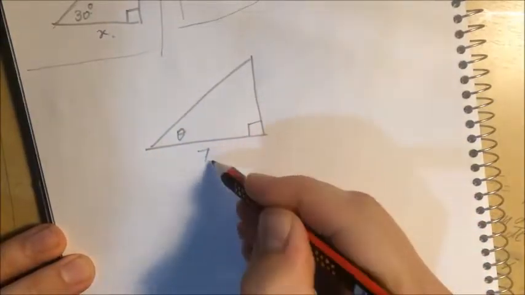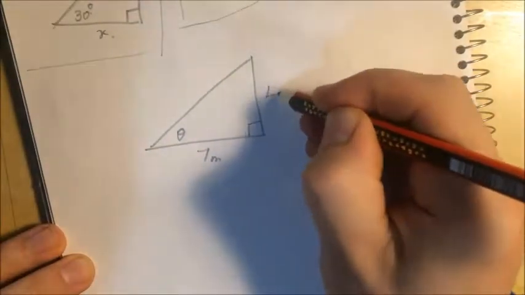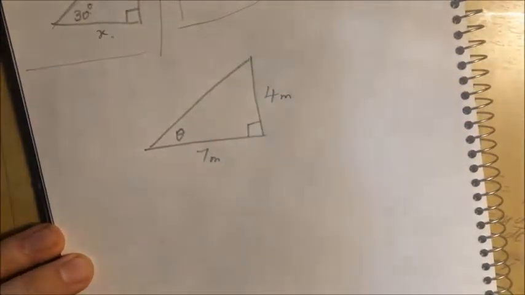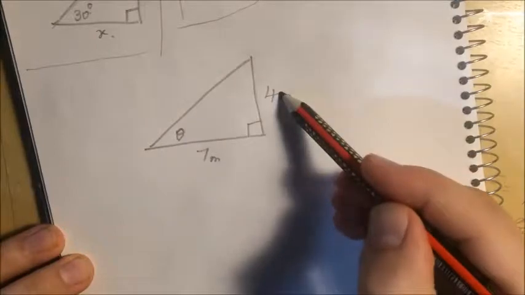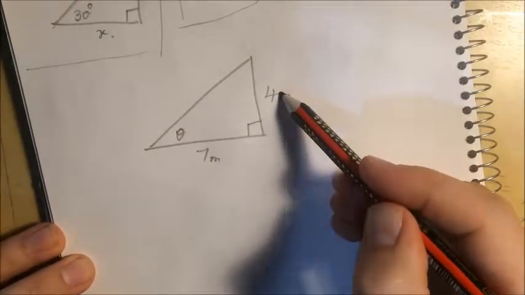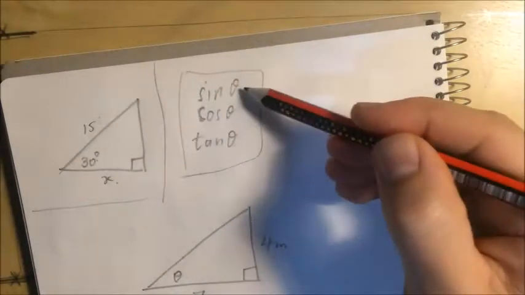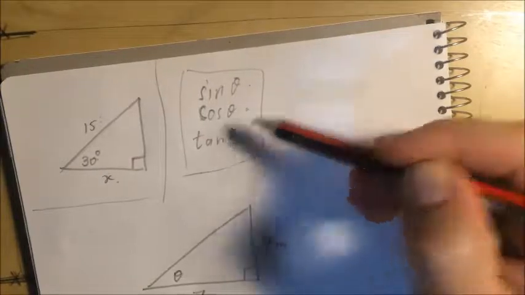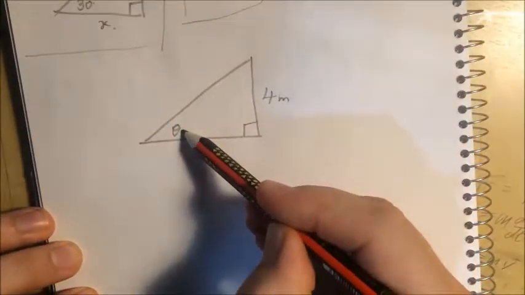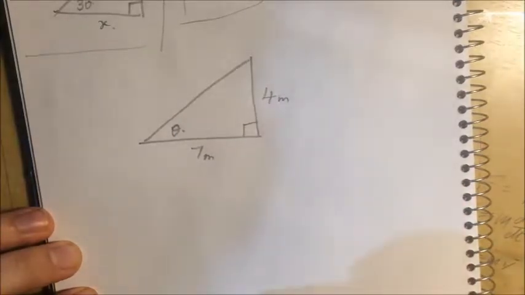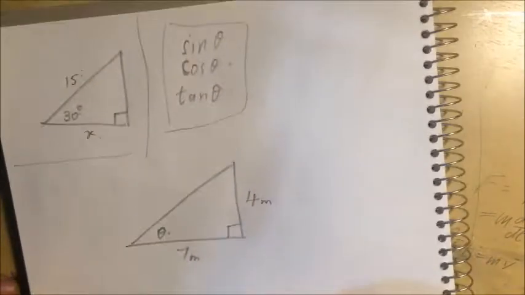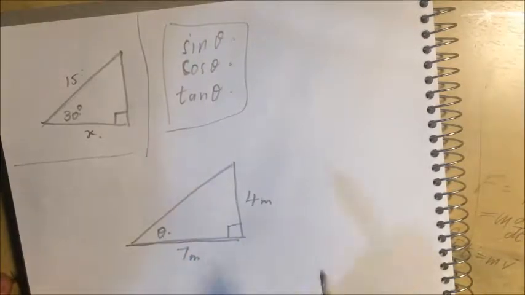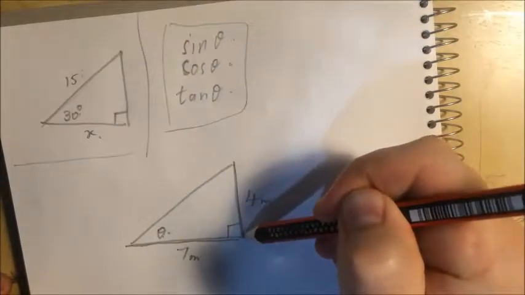And we know that this is 7 meters, and this here is 4 meters. So now we're using two sides, one of these trig ratios, to find this angle. Now we have the theta, this is the adjacent, and this is the opposite.